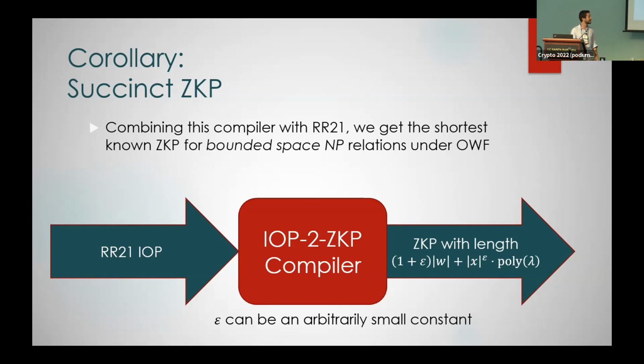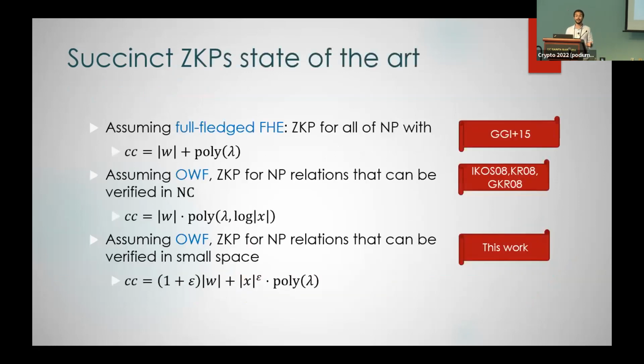Any small constant can be plugged in, and we get the length of the instance to the power of that small constant. So in a way, this is approaching the witness length. This is how our result compares to the previous work. So assuming one-way functions, we get zero-knowledge proofs for, again, a subclass of NP relations that can be verified in small space, but we have at least something that approaches the witness length.